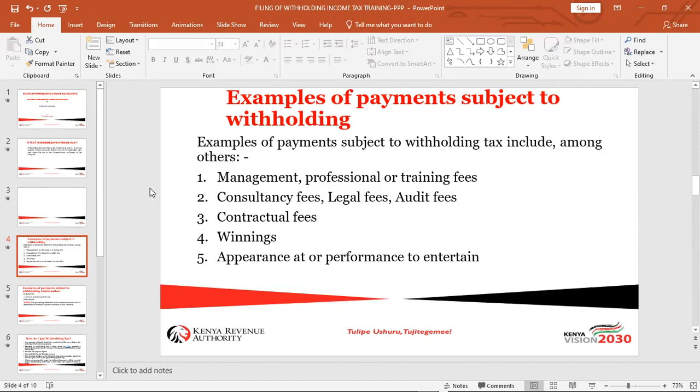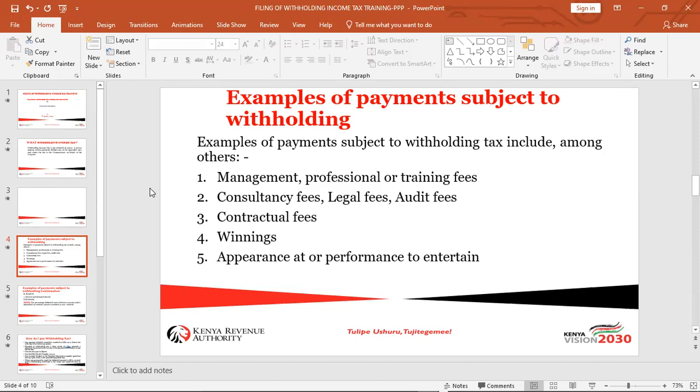Number three, we have contractual fees. Number four, we have winnings, that is like when you win a bet. That money is subjected to withholding tax.